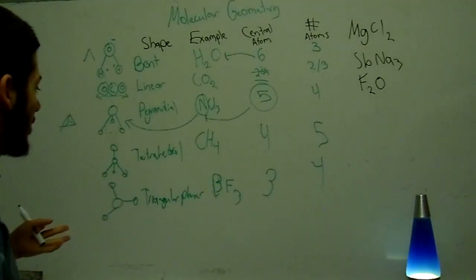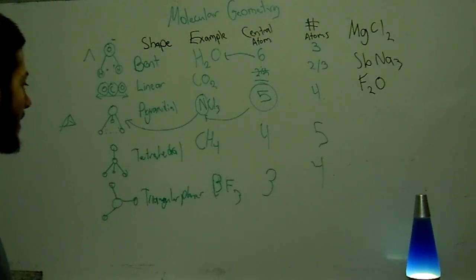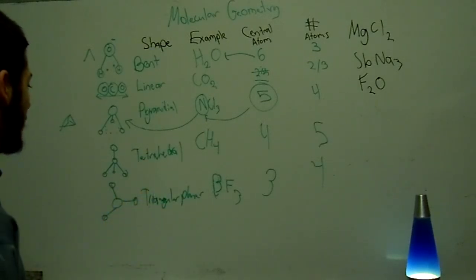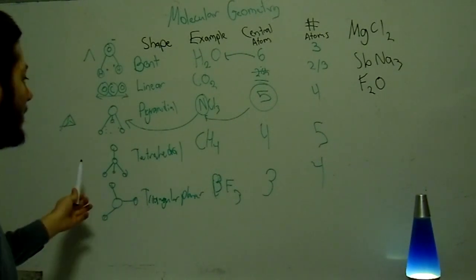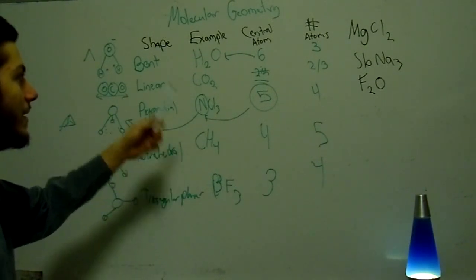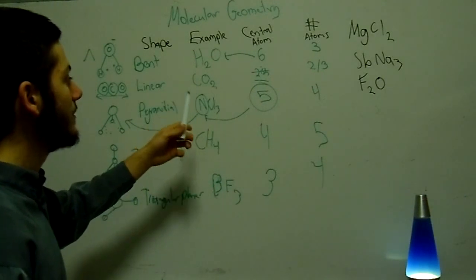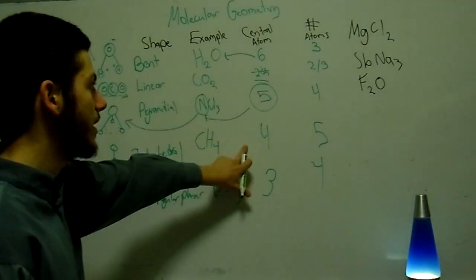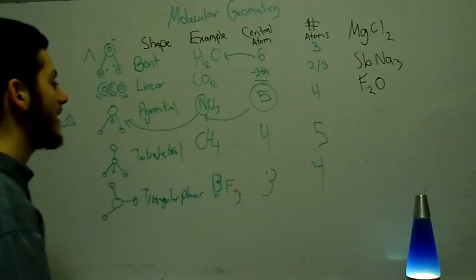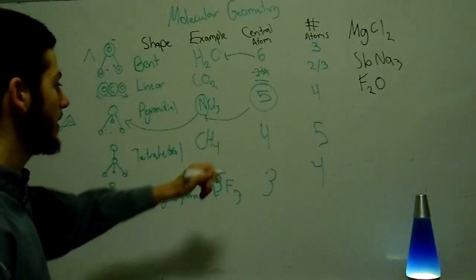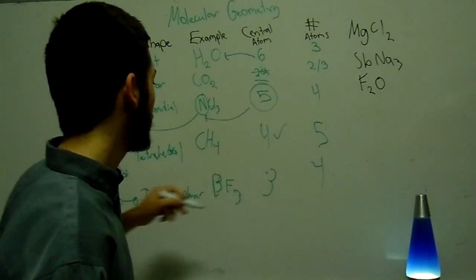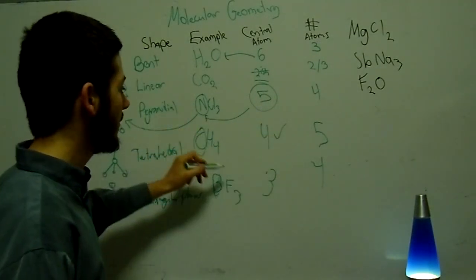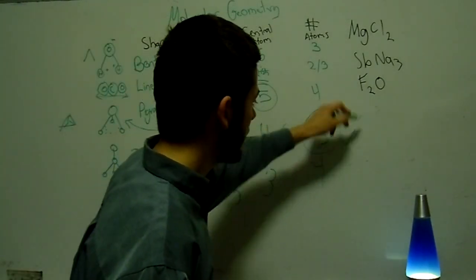So it's a very fancy shape, very nice. You can see that very clearly in methane. That's one of those unique shapes that you can tell by methane, and you can find that it's going to be tetrahedral if the central atom is in group 4 and it's got 5 atoms. So these are the 2 things you check off: carbon, yes, it's in group 4, and altogether it's got 5 atoms, so that's correct.